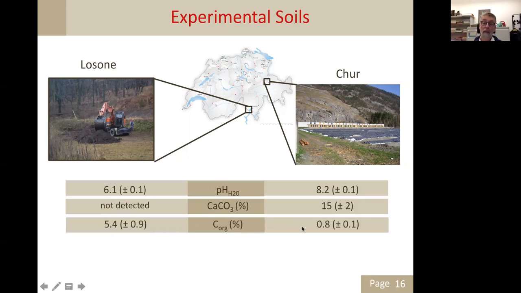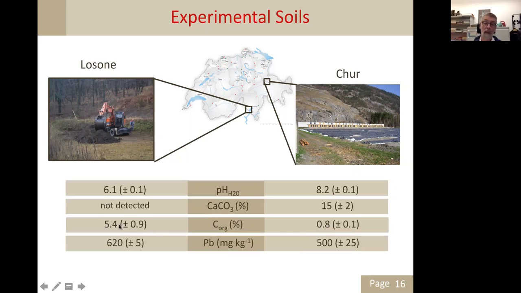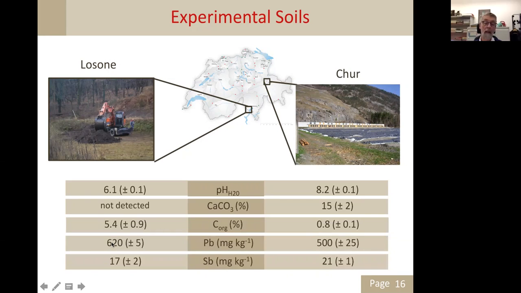On the other hand, we have quite a different organic matter content. Organic carbon was very low in this alluvial soil, 0.8%, while it was more than 5% in the southern Swiss soil. The lead concentration was similar, around 500 to 600 in these soils. And also the antimony concentration was similar, around 20 ppm in both of these soils.